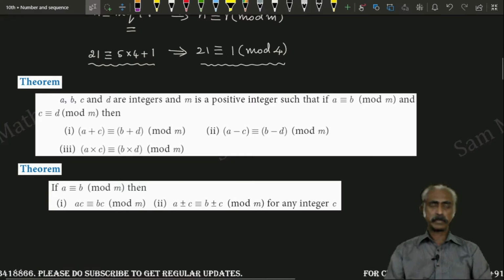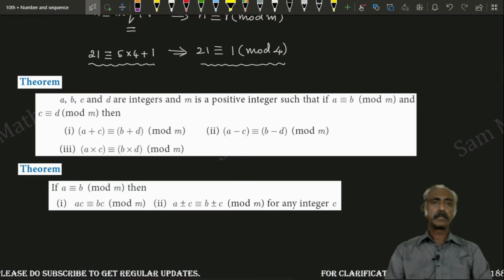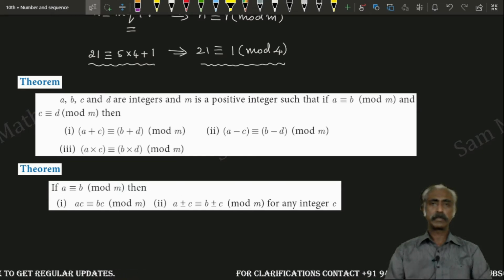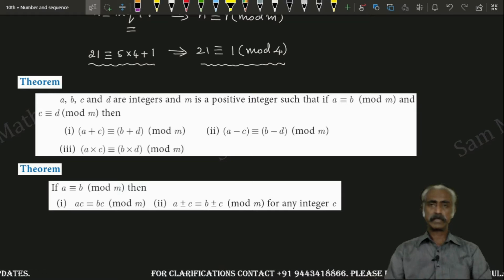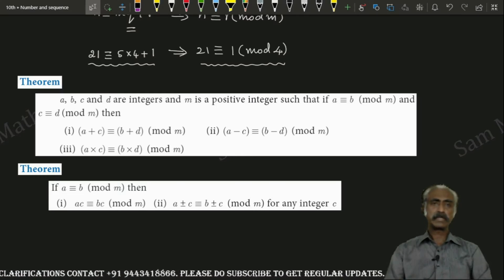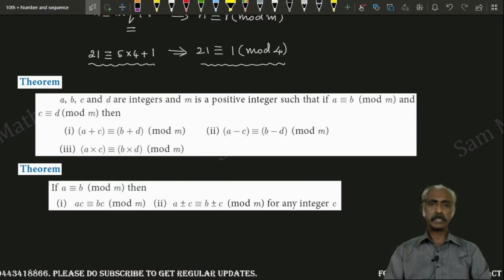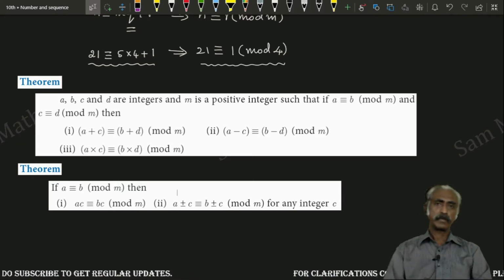Here, we are going to discuss the theorems. a, b, c and d are integers and m is a positive integer such that if a is congruent to b mod m and c is congruent to d mod m, then first one, a plus c is congruent to b plus d. How are they taking it?